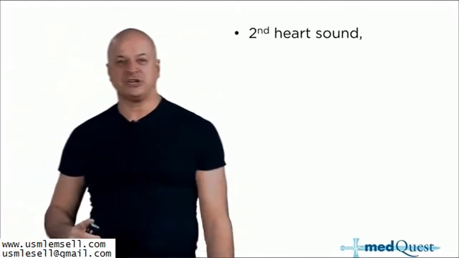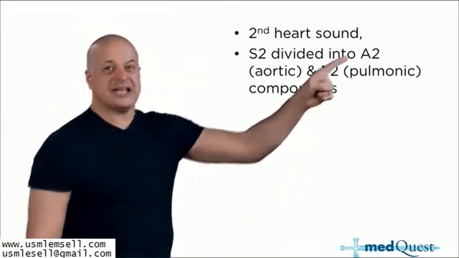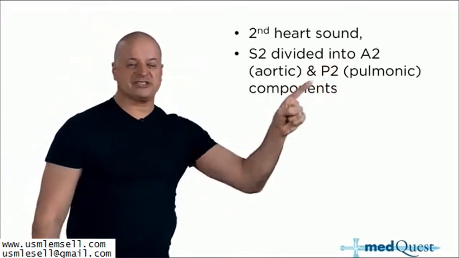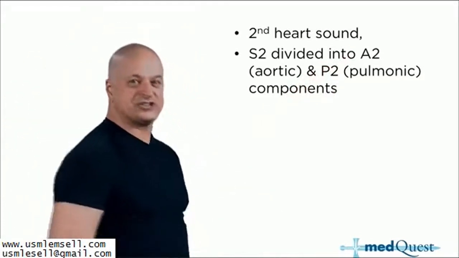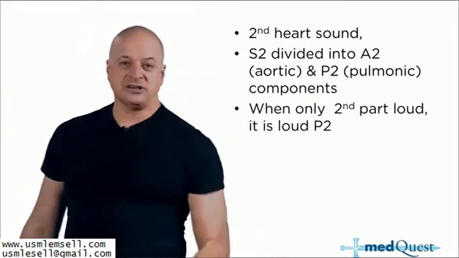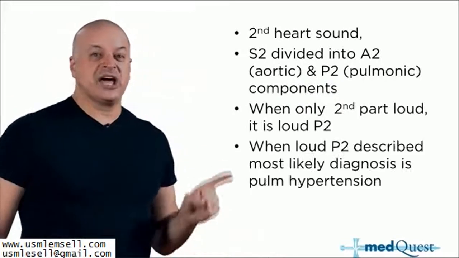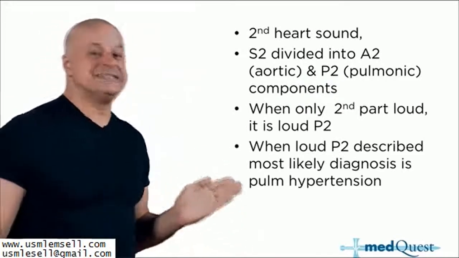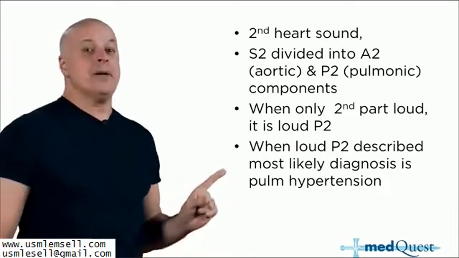Slamming the door is from pulmonary hypertension, because the second heart sound is made up of the aortic sound and the pulmonic sound, and when you have an extra high pulmonic pressure, it slams that door and you get a loud P2. So the second heart sound with a loud P2 is a sign of things like pulmonary artery hypertension.